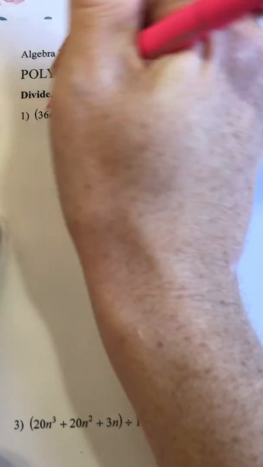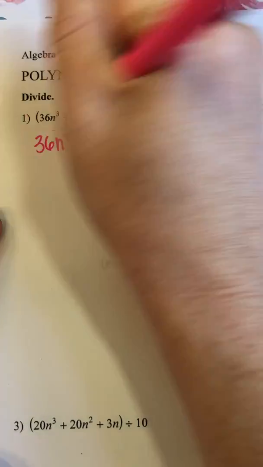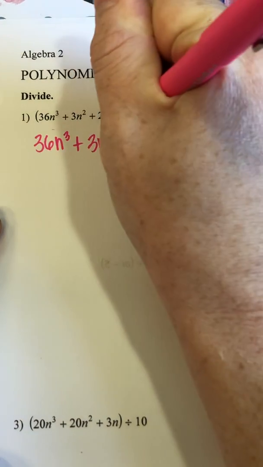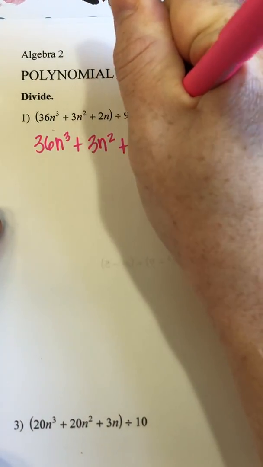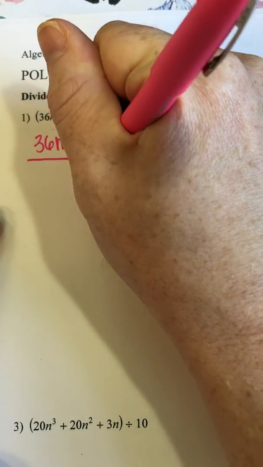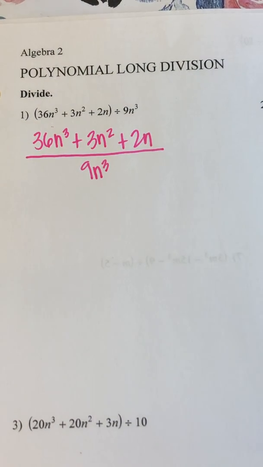I'm going to rewrite this in a different format. I have 36n cubed plus 3n squared plus 2n, and that whole polynomial is going to be divided by 9n cubed. Okay, 9n cubed.